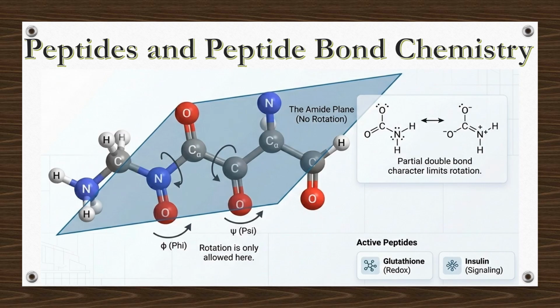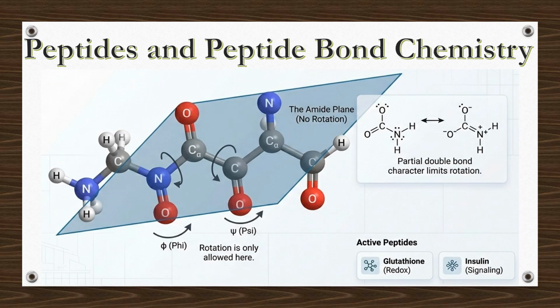Now that we know how peptide bonds are formed, let's look more closely at their structure. The peptide bond is not just a simple link between amino acids. Its electronic properties impose strict geometric rules that make protein structures possible. Although the peptide bond looks like a single C-N bond next to a carbonyl group, resonance changes the picture.